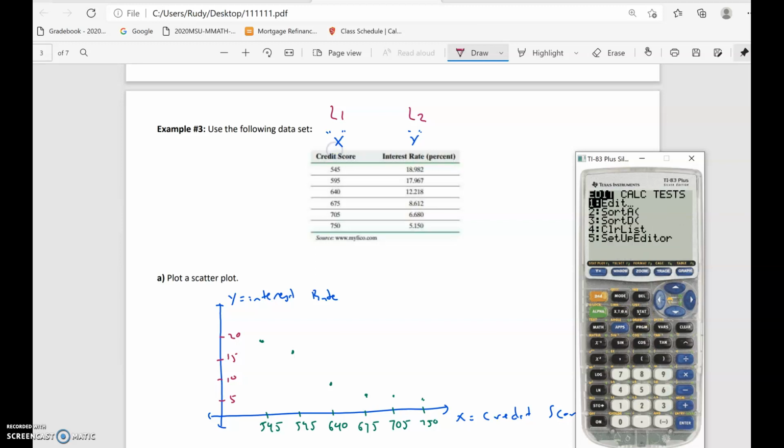Then you're going to press stats, move to test, and look for linear regression t-test. Hit enter and verify that you have L1 and L2. Check, because you might have modified your L1, and do not modify anything else. At this point, you hit enter, and R is going to be at the bottom.